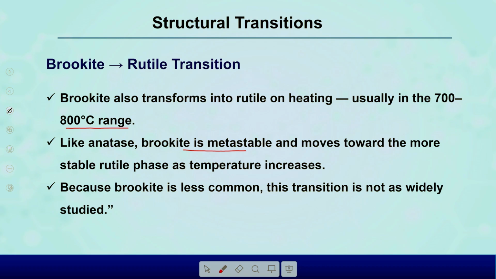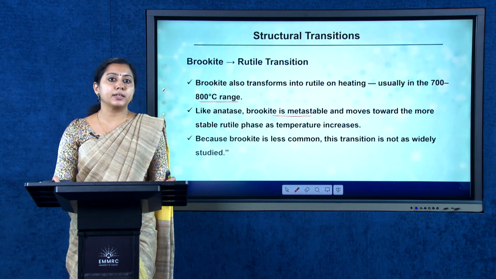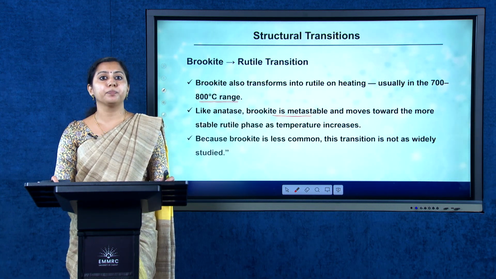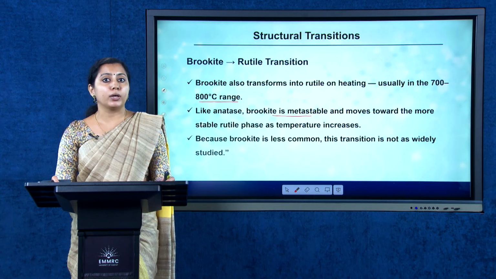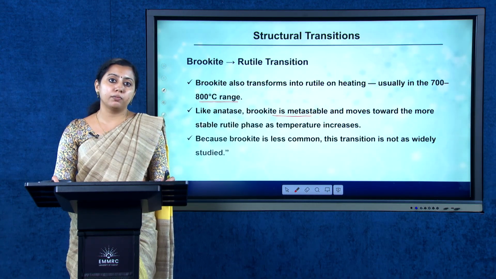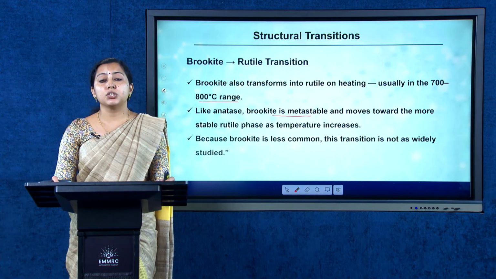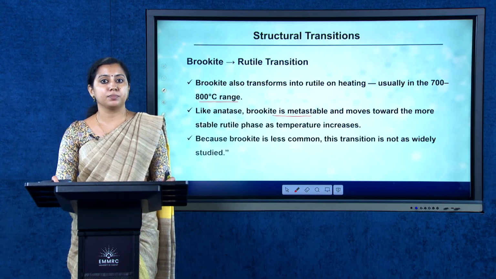And brookite is very less commonly found, so this transition is not as widely studied as the anatase to rutile transition. Brookite is a metastable one, which is an orthorhombic structure, and it also has a tendency to get converted into rutile phase upon heating, usually in the range 700 to 800 degrees Celsius.